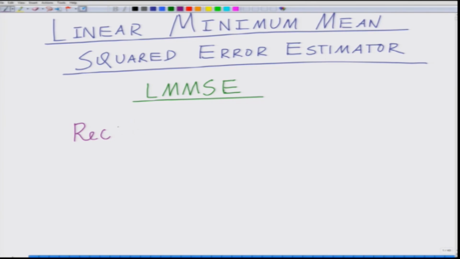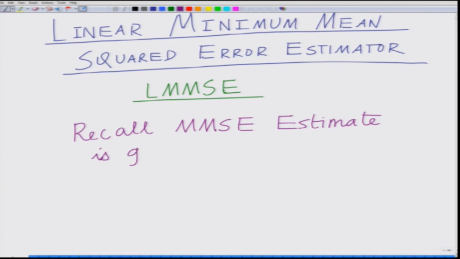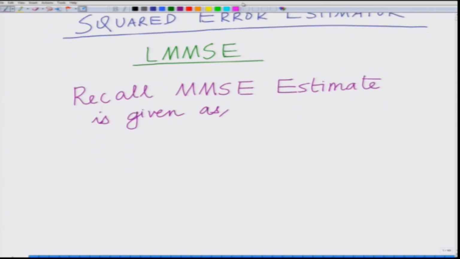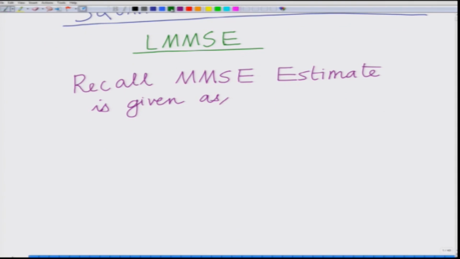Recall that the MMSE estimate, the minimum mean squared error estimator, is given as h hat equals the expected value of h given y bar.